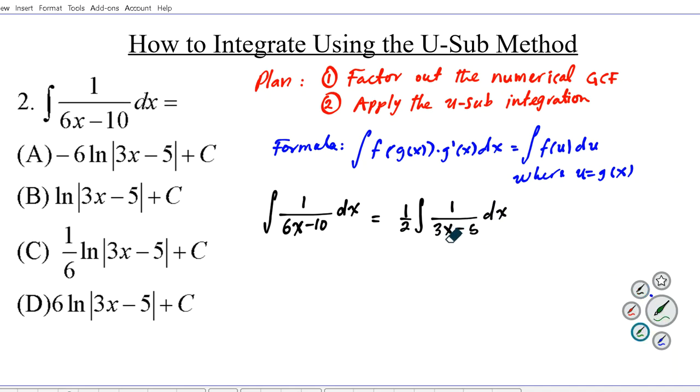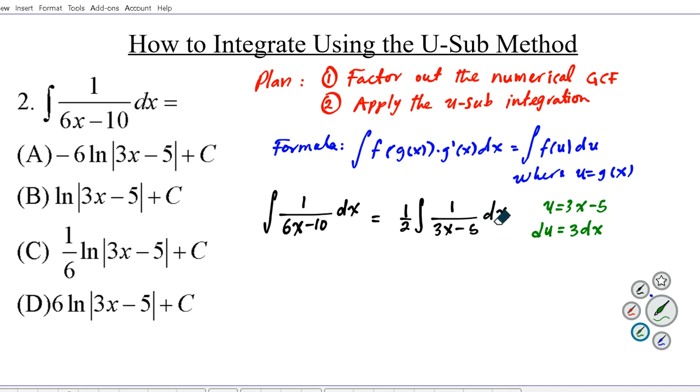The inner function is 3x minus 5, so u is 3x minus 5. We know that that's the appropriate u because when we differentiate, we're going to get the integer multiple of the other functions. So check this out. When we differentiate both sides, du is going to be 3 dx. So it's basically triple this function right here.